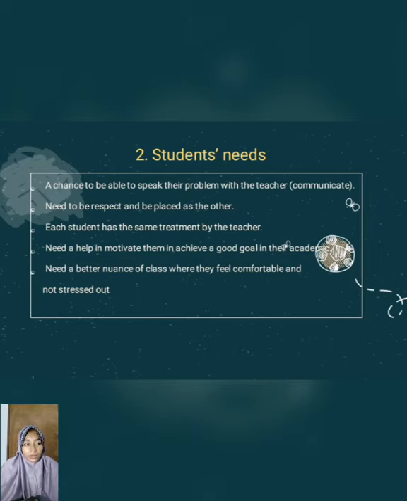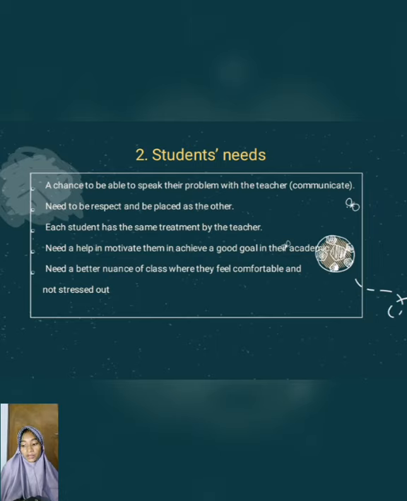And the third point, the students need motivation in order to help them achieve a good goal in their academic achievement. So the teacher has to provide not only the material, but also help them find the motivation, because some of them, for example, are bad at learning and understanding the material.